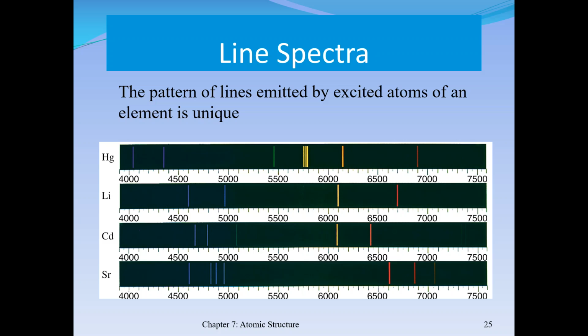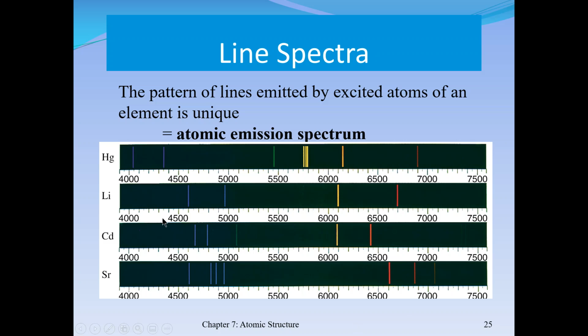And in fact, this is what is used to determine what elements are present in the stars, such as our sun, right? Astronomers have instruments that allow them to look at the radiation coming from the sun, for example. And based on the line spectrum that they observe, they can identify that certain elements are present up there in the sun, all right?